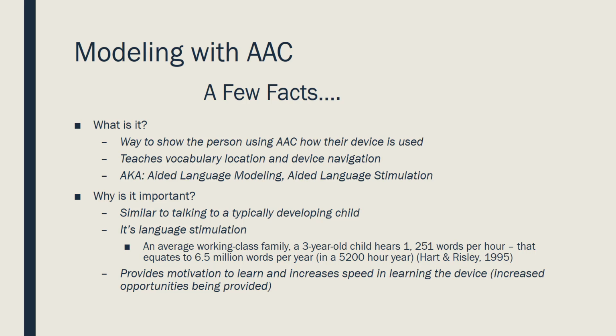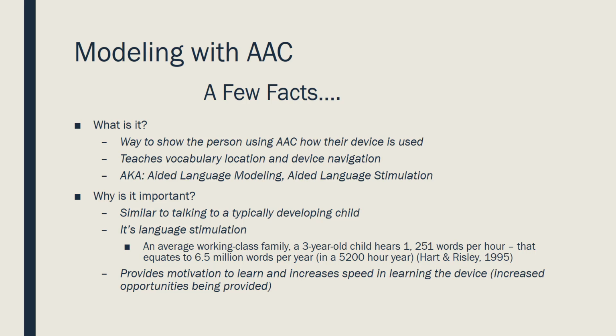In a study completed by Hart and Risley in 1995, it was found that in a working class family, a 3-year-old child hears 1,251 words per hour. That equates to 6.5 million words per year. That's a lot of words that a typically developing child hears, which is stimulating their language development.